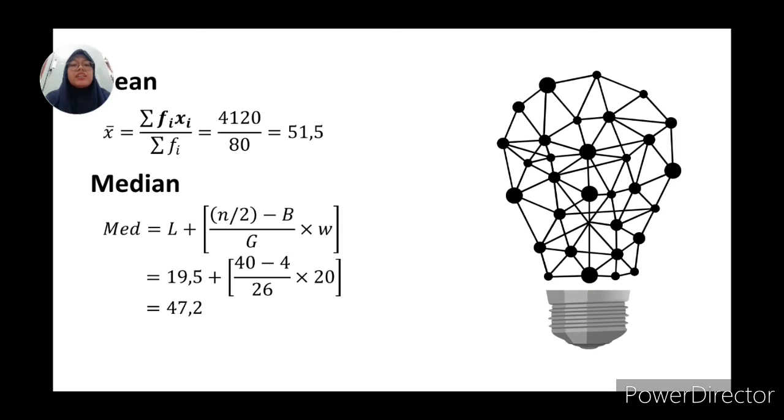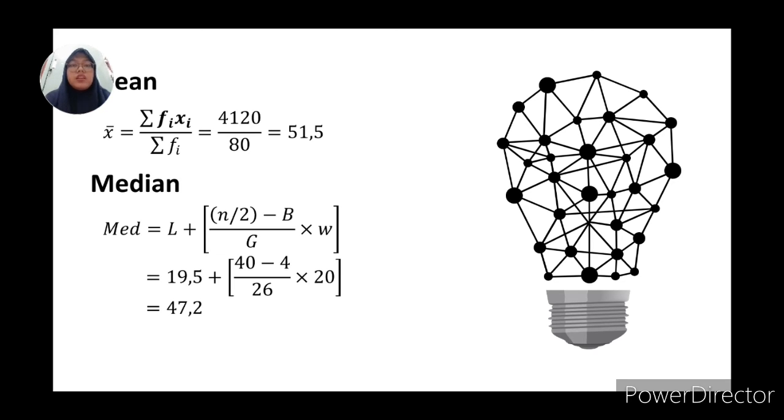So the median is on the 20th data or second interval. The median formula is L plus n over 2 in the parentheses minus B over G times W in the brackets.